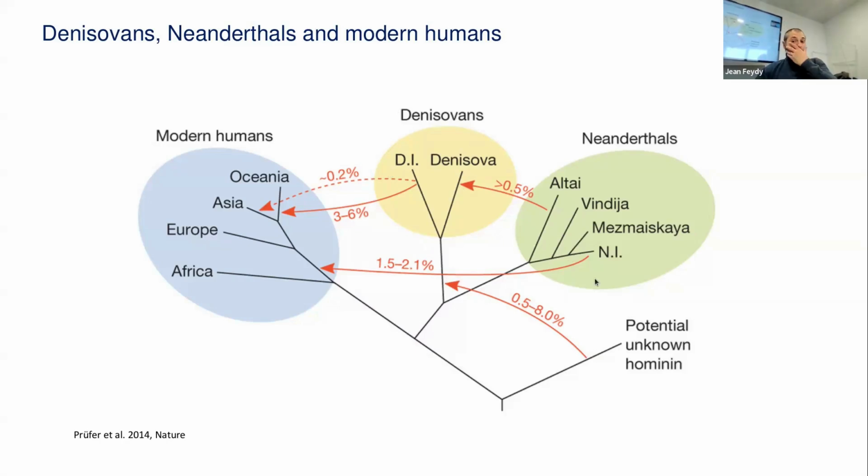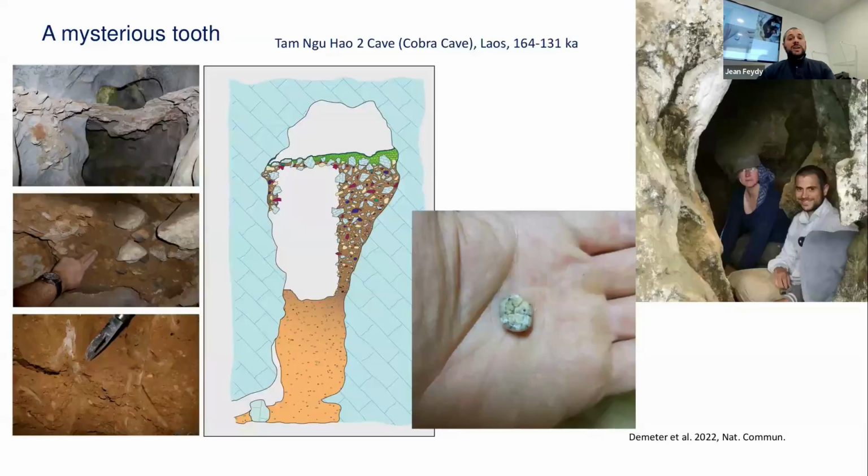And in this context, we need to find more fossils, and with some colleagues, we have been excavating in caves in Laos. This time it's a very small cave. It's probably 5 meters deep and 1 or 2 meters wide. So it's not a place they occupied, they didn't live here. But probably the fossils that we found were trapped.